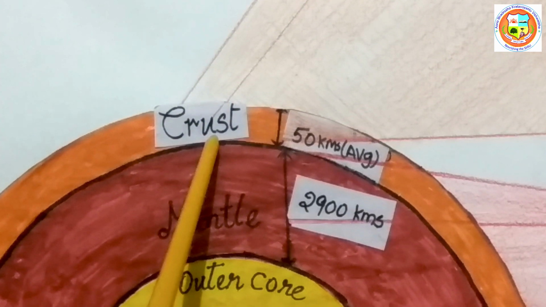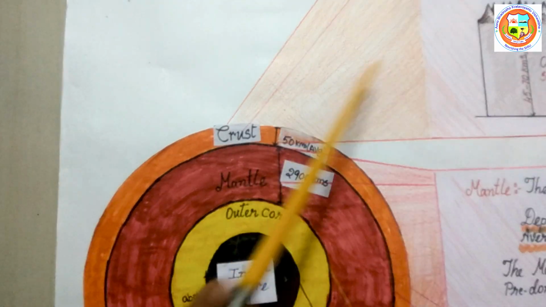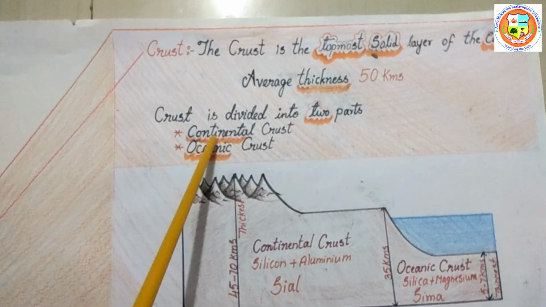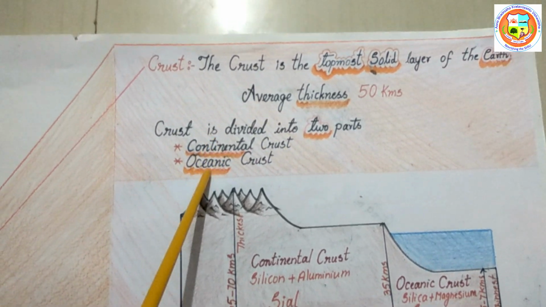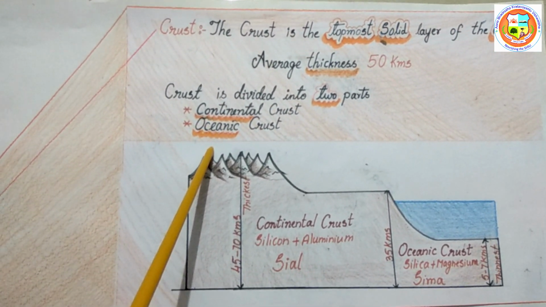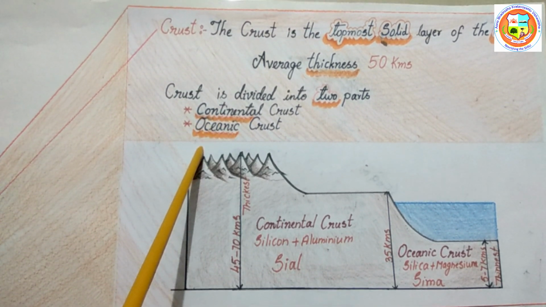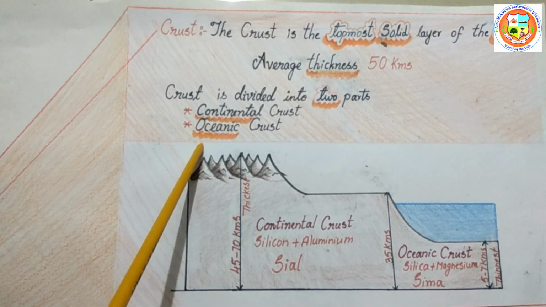This crust is divided into 2 parts: the continental crust and the oceanic crust.